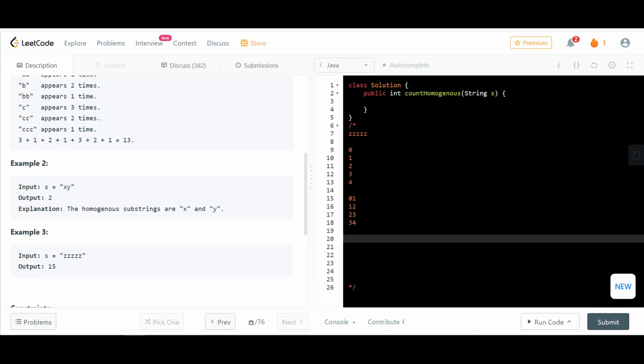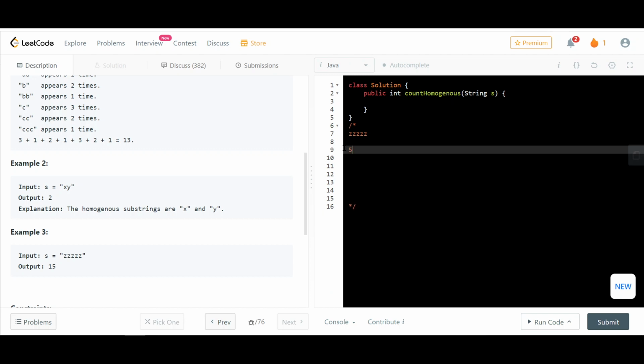So now, of length 1 you have 5, of length 2 you'll have 4, of length 3 you will have 3, of length 4 you will have 2, of length 5 you'll have 1, and if you sum all of it, 5 plus 4 is 9, plus 3 is 12, plus 2 is 14, plus 1 is 15.